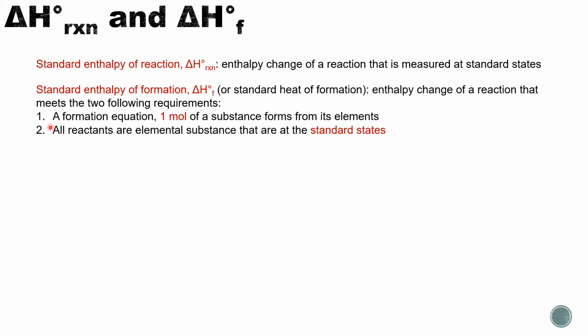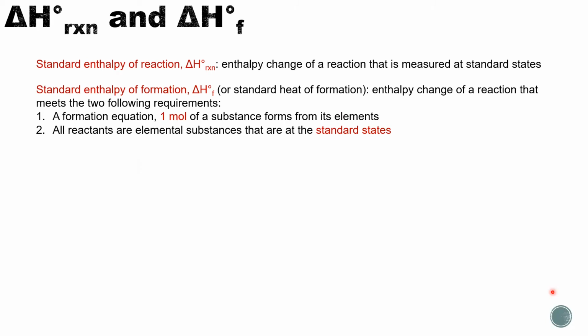A formation reaction has only one product that is a compound. The coefficient of that only compound is 1, and all the reactants should be elemental substances. The second rule is that all the reactants for a formation equation are elemental substances at the standard states. So the knowledge of determining the standard states of elemental substances in the previous slides will be useful here.